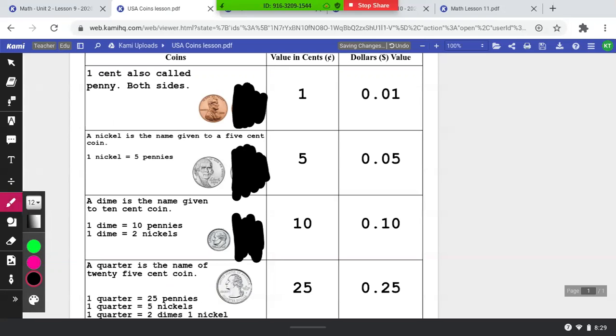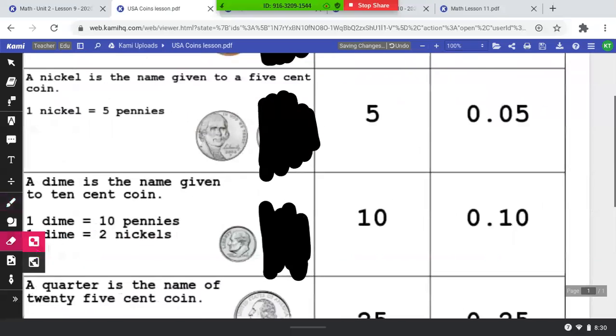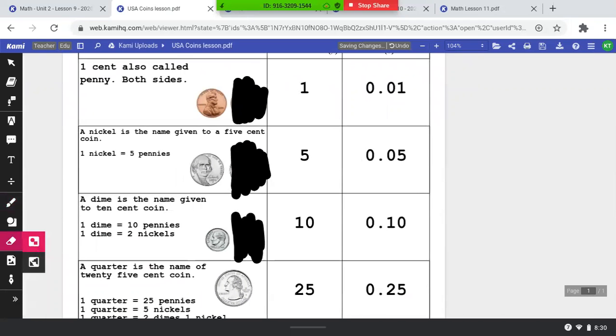No, we're just talking about 1 penny, 1 nickel, 1 dime. And remember, size has nothing to do with it. Because look, the dime is smaller than the nickel, but it's worth more.